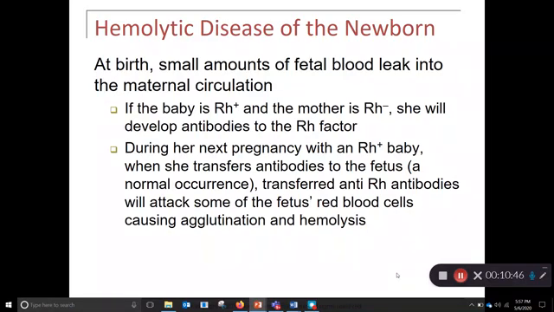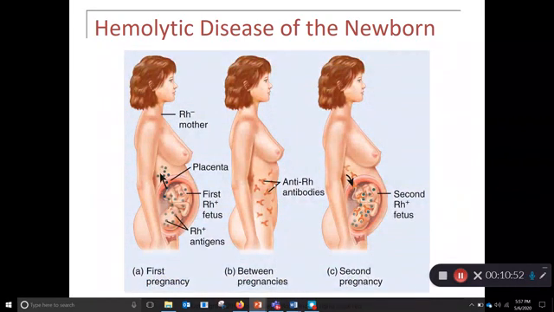What happens is if you have a mother that is Rh negative, but she has a baby with an Rh positive, let me go ahead and just come over to this picture. So if you have a mama that is Rh negative and a baby that is Rh positive, once she gives birth, the placenta rips off and some of the blood from baby sneaks into mama.